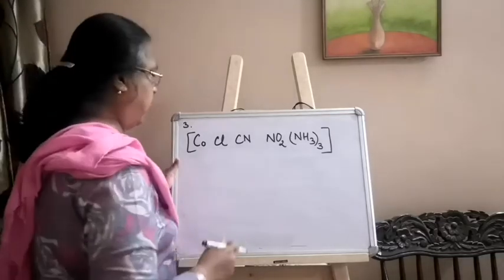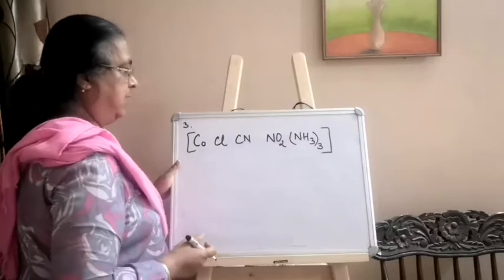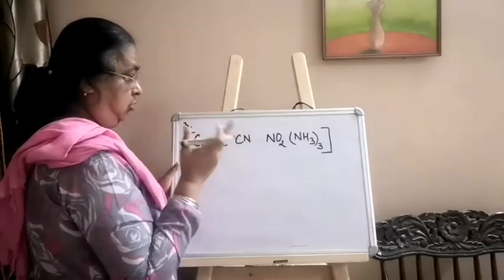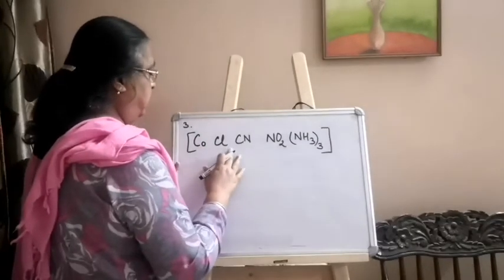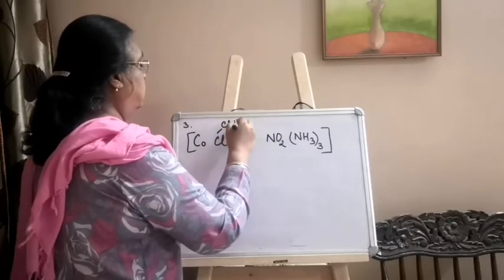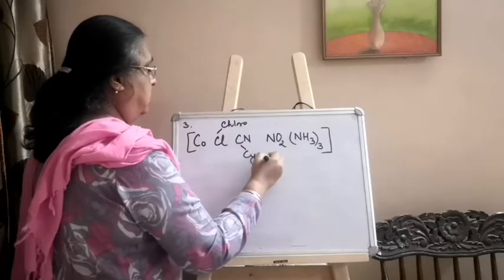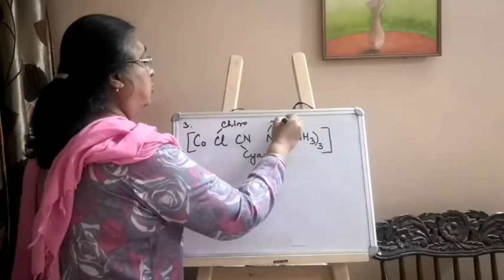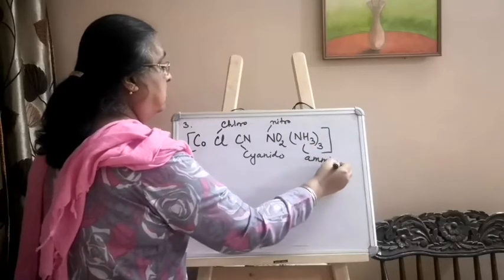Now, if you have to name it, I am just going to teach how you write, if you have more than one type of ligand, how you have to name it. So this is your chloro, this is cyano or cyanido, this is nitro, and this is amine.